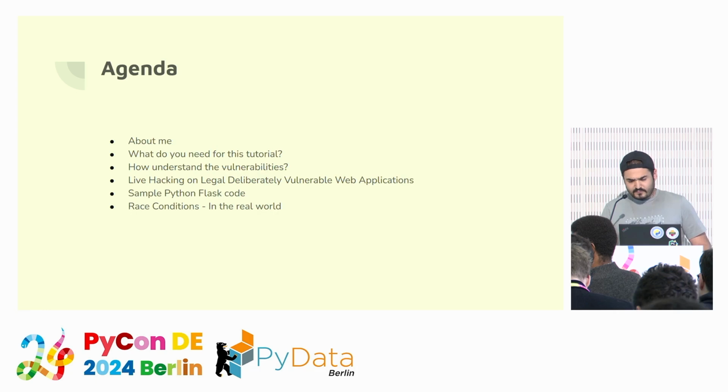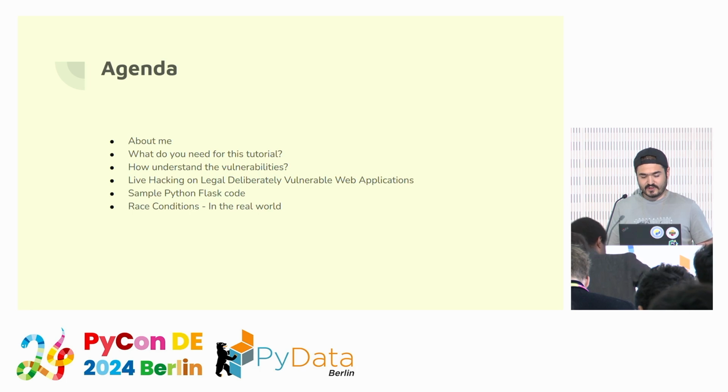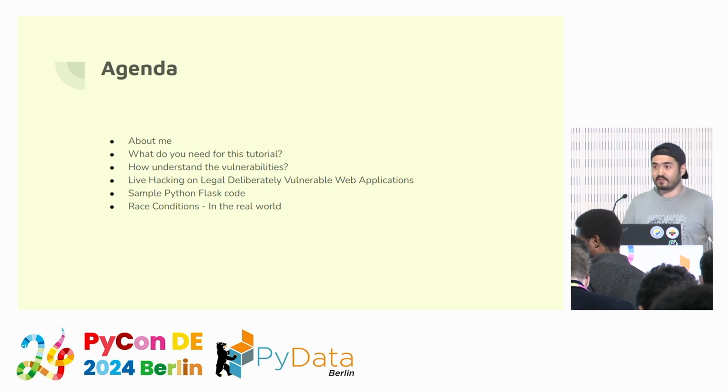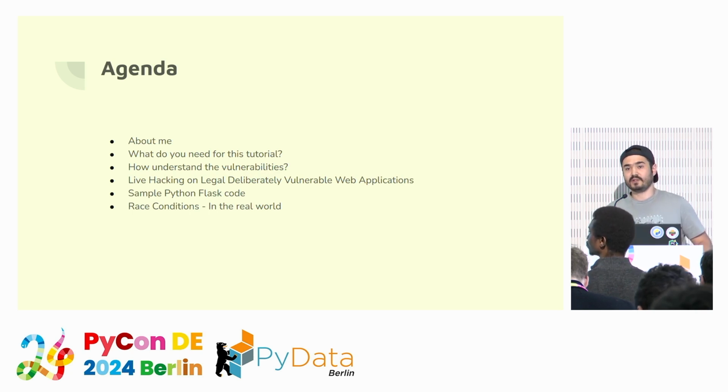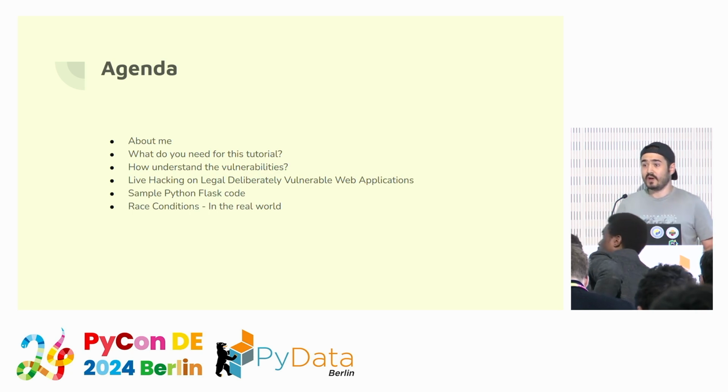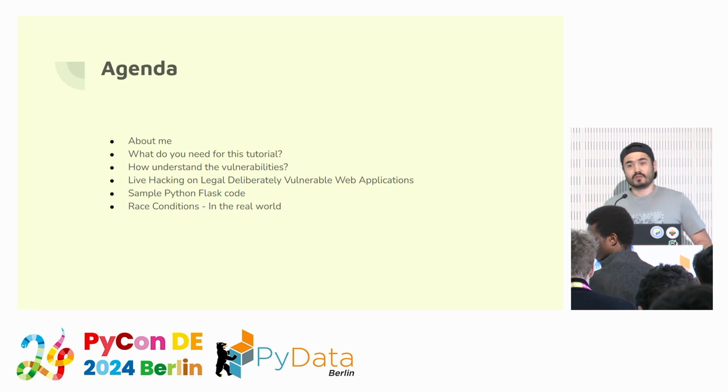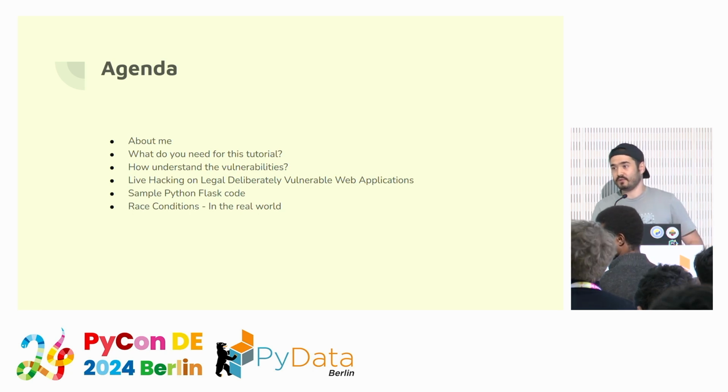Then I'm going to show you a very naive and simple Python Flask code that, in essence, is quite simple, but it can lead to a vulnerability. And then we are going to explore in the real world how other professional pen testers or security engineers found race conditions and got bounties.